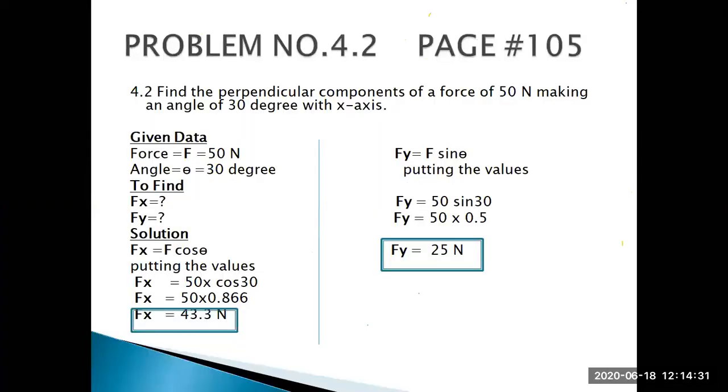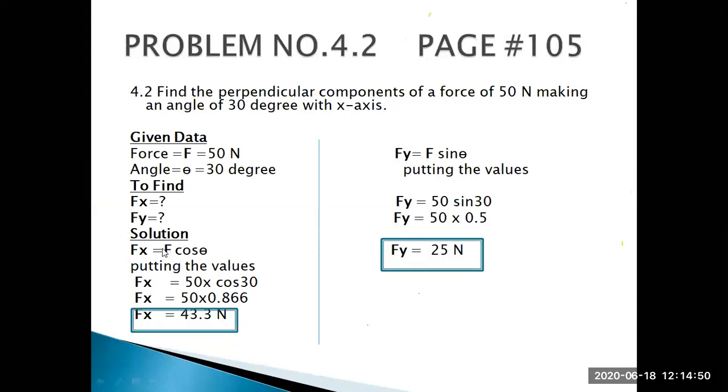Our formula, which is available on page number 88 of your 9th class textbook, is Fx is equal to F cos theta.